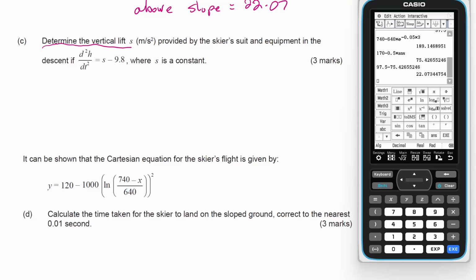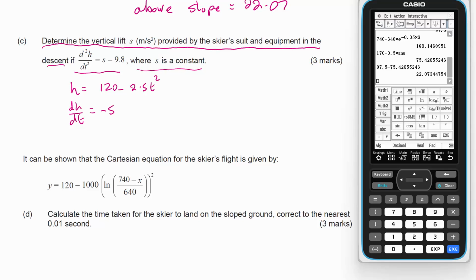For us to determine the vertical lift provided by the skier's suit and equipment in the descent, if d2h dt squared is equal to s minus 9.8, where s is a constant. Well, we know that h is 120 take away 2.5t squared. That means dh dt is negative 5t.